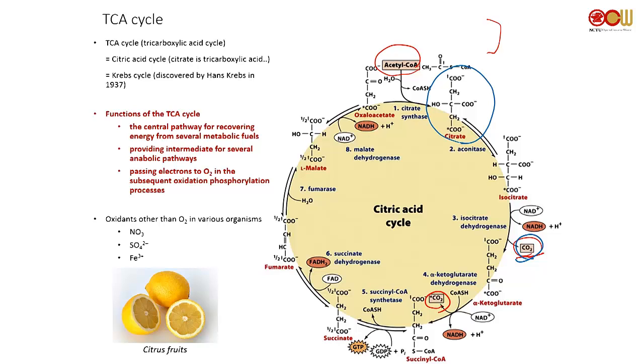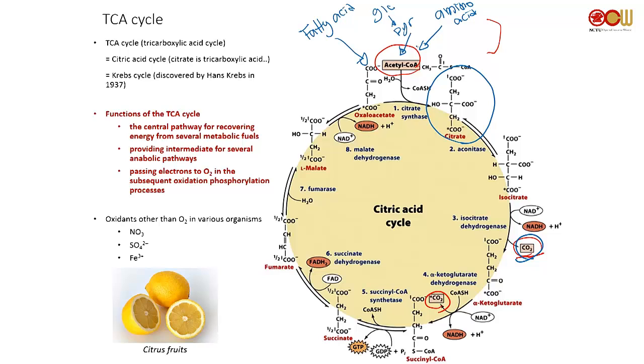The function of the TCA cycle is really the central pathway for recovering energy from several metabolic fuels, because we saw that you can get fatty acid to acetyl-CoA, we can get glucose to pyruvate to acetyl-CoA, and you can also go from amino acid to acetyl-CoA.